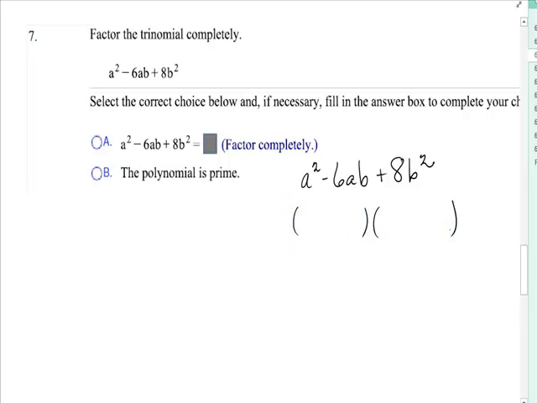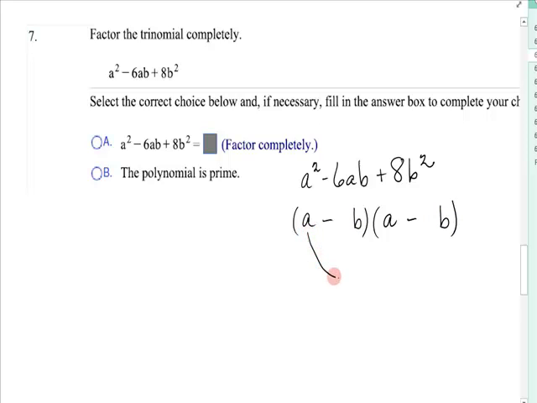So since it's a trinomial, I'll do my 2 factors. The last sign is positive. That means it's either plus plus or minus minus. This one says minus minus. To get an a squared, I need a times a. It is not a bad idea to go ahead and notice that you've got a b squared tacked on to the end of it. So go ahead and sneak in your b.